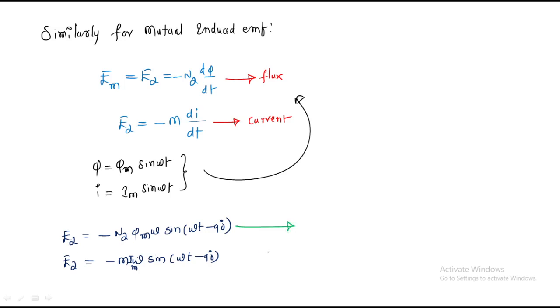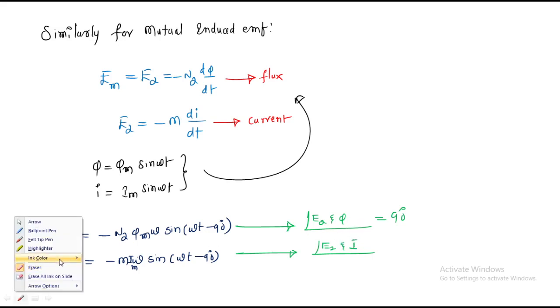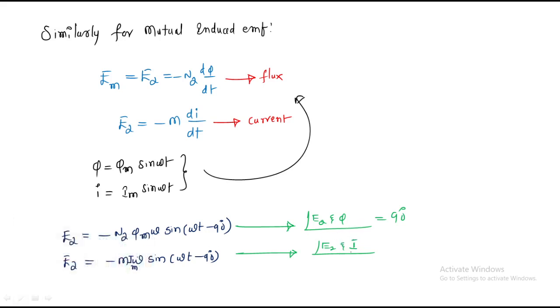From this and from this, the angle between E2 and flux is equal to 90 degrees. From this, the angle between E2 and current is equal to 90 degrees.